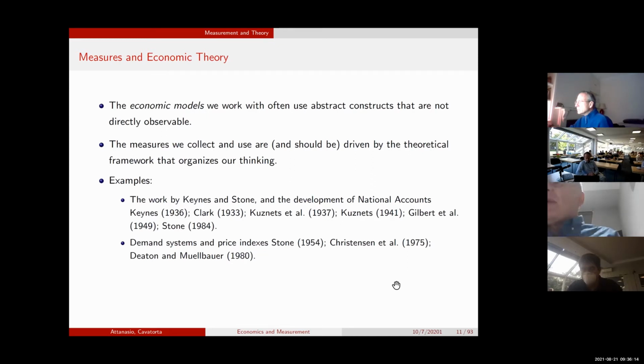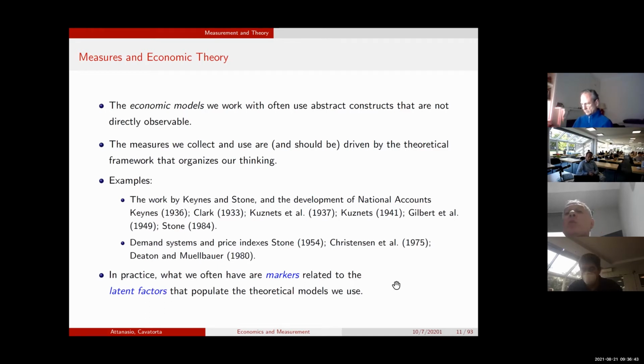Here I should have mentioned Terence Gorman's work on preferences in the 50s, in which he made it clear what assumptions you need in the utility function so that it's legitimate and meaningful to use a single price index to measure inflation. Or the work that Deaton and Muellbauer did in the 80s on the almost ideal demand systems.